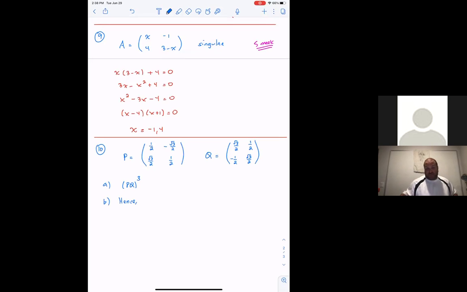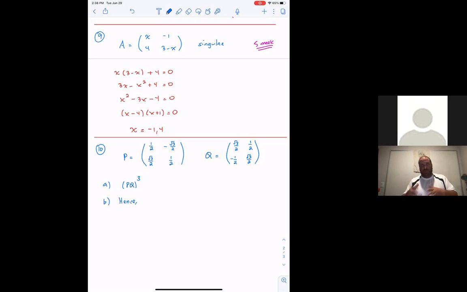Hence, in the language of the IB, means using the information that you just found in the previous steps, conclude or find whatever comes next. You can't just do it a different way. If it didn't care how you do it, it would say hence or otherwise.